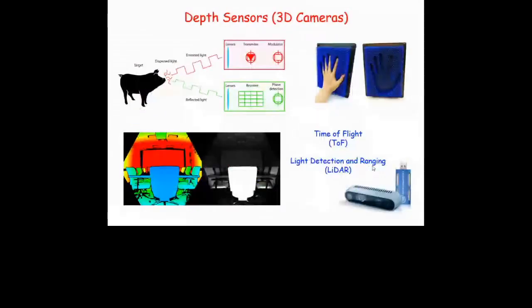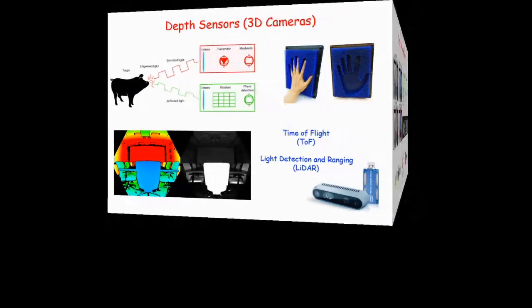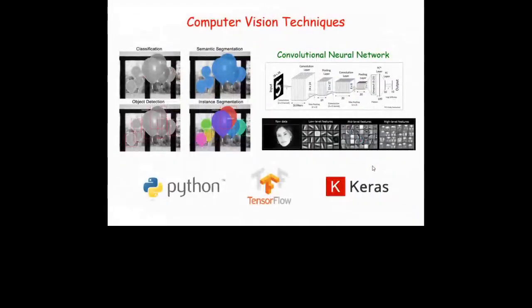I'm going to skip this. Some of you discussed different technologies of depth cameras and different tools that you can use depending on whether you are just interested in classifying pictures, if you have or you don't have an animal, or if you want to segment, to find and locate animals in an image and so forth.